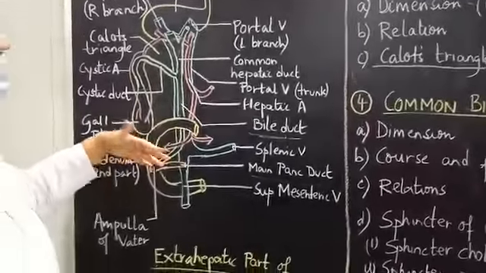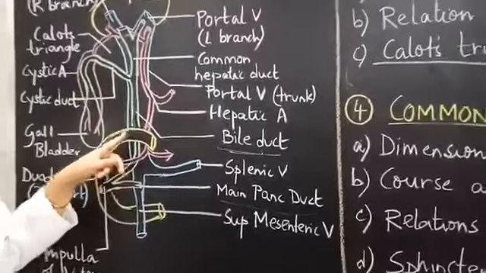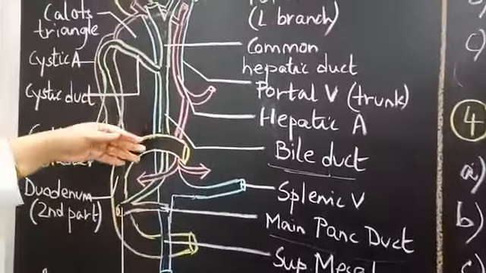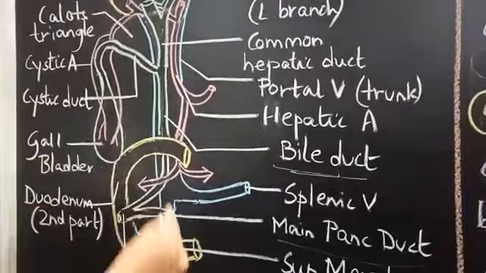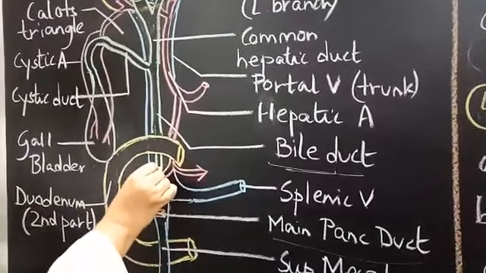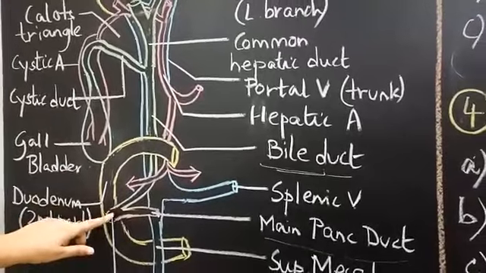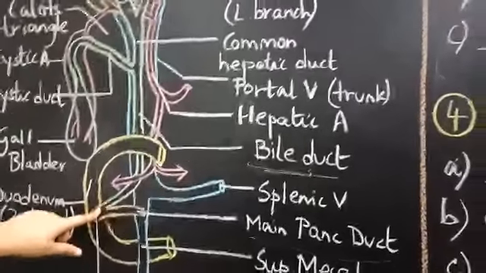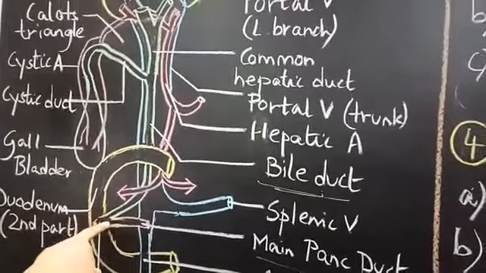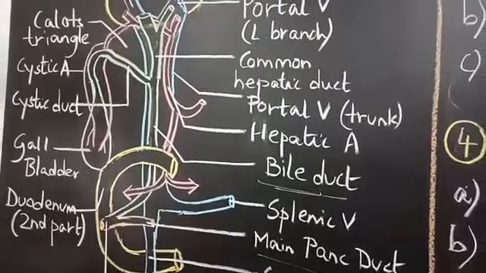Then it has a retroduodenal part, which is behind the first part of duodenum. Next it has an infraduodenal part, that is below the first part of duodenum. And next is the intraduodenal part, that is the part within the second part of duodenum.